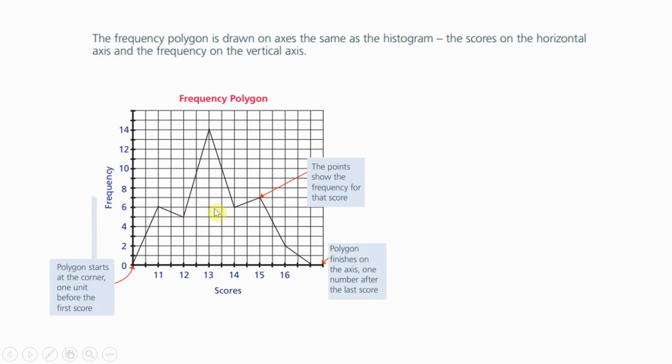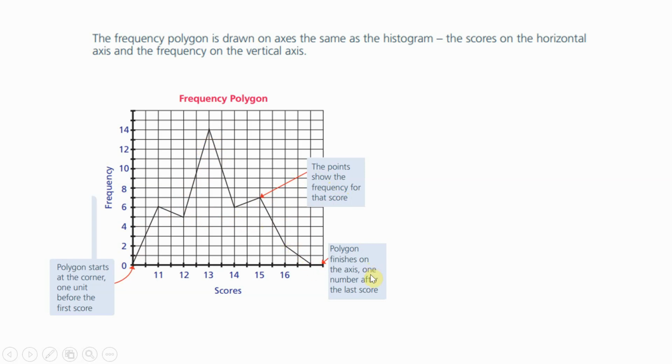So the score of 13 at a frequency of 14 goes there, and each peak represents the frequency. The point shows the frequency, so each point on there draws this. Yep, up and down.